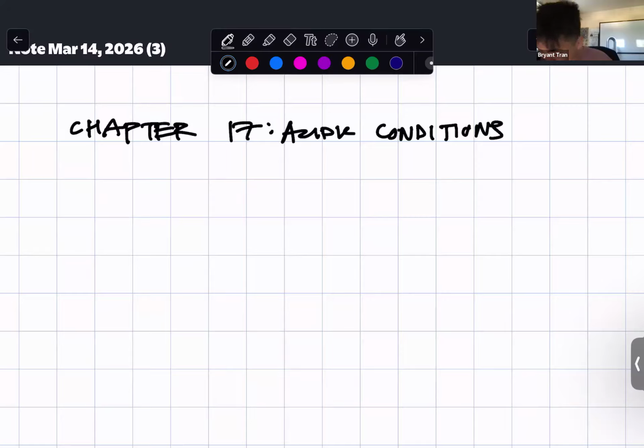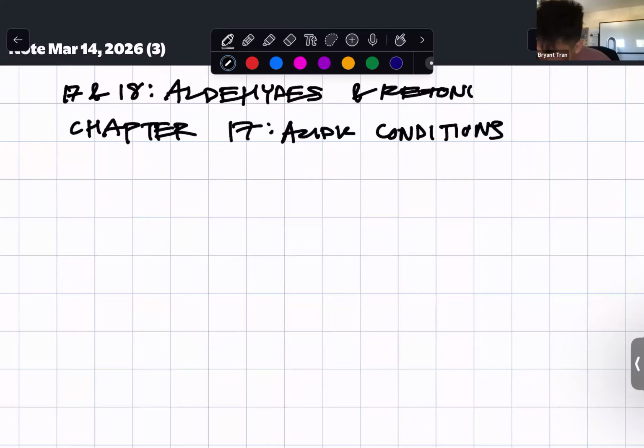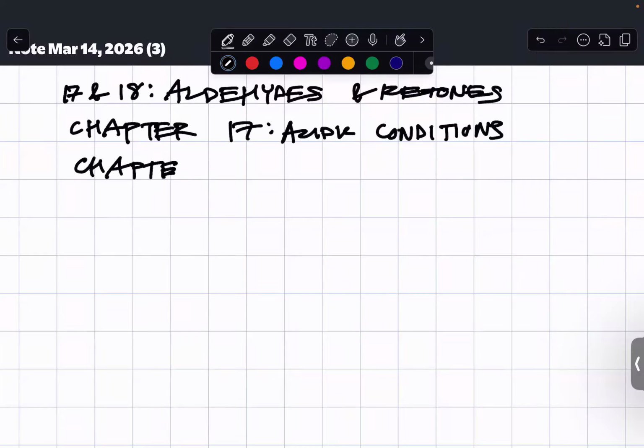Right? For chapter 17 and 18, they're both going to talk about aldehydes and ketones. But chapter 17 is going to be more about acidic conditions, whereas chapter 18 is going to be more about basic conditions.